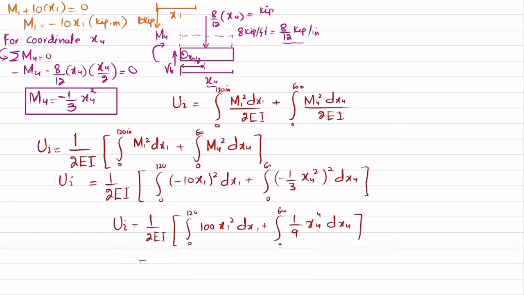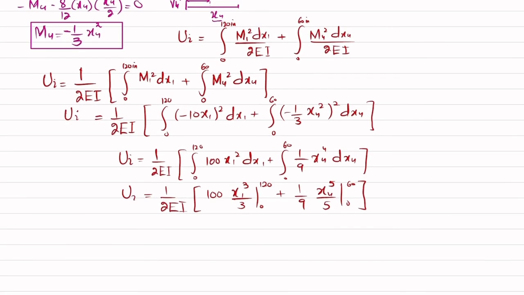Clear? So it will be equal to 1 over 2EI into 100 times the integral of x1 square, which will be x1 cube over 3, with limit from 0 to 120, plus 1 over 9, and the integral of x power 4 will be x power 5 divided by 5, with limit from 0 to 60. Now you will take the value of E from the property table.